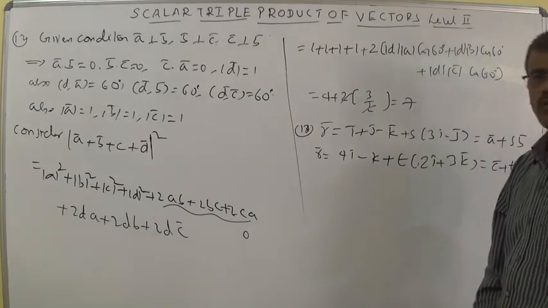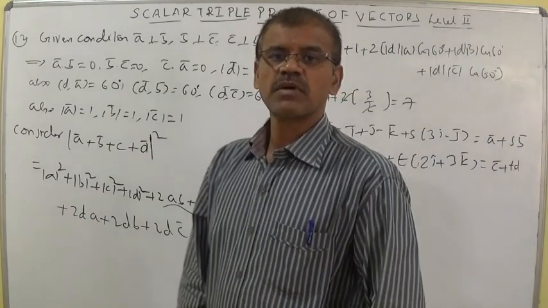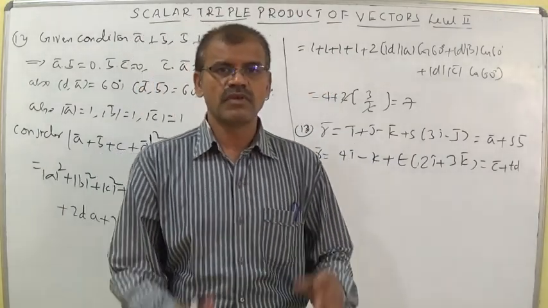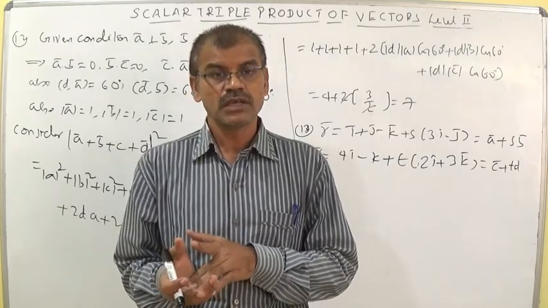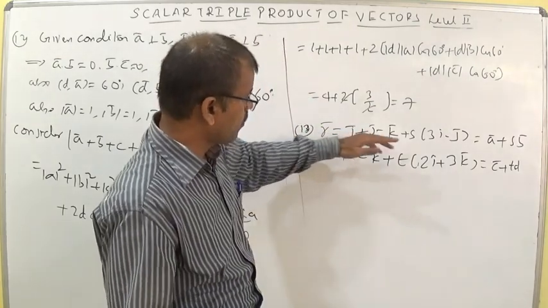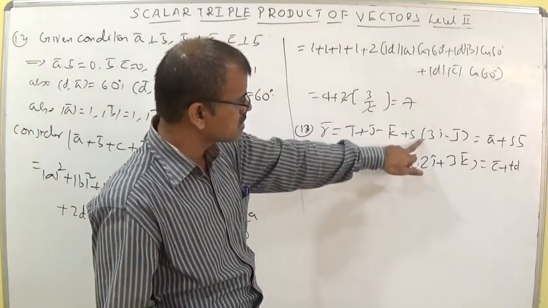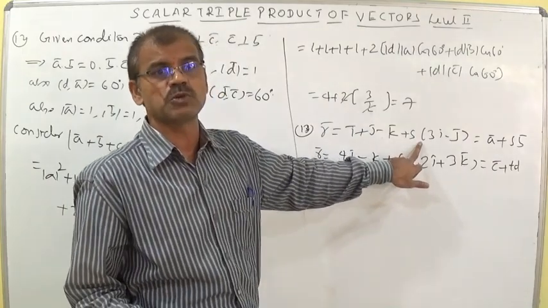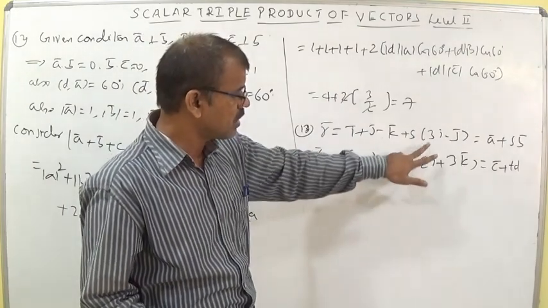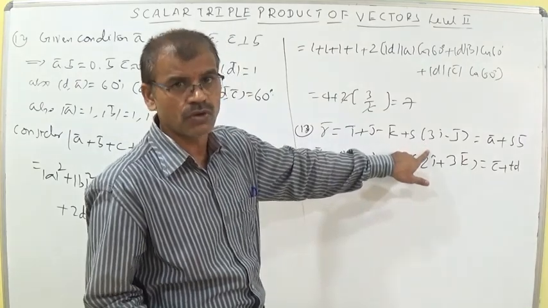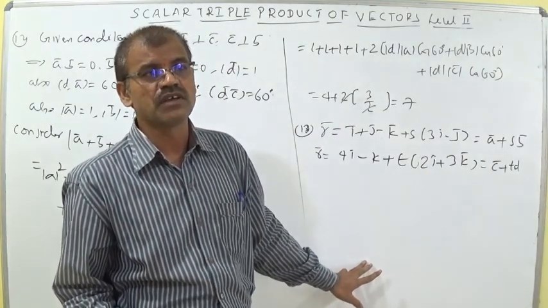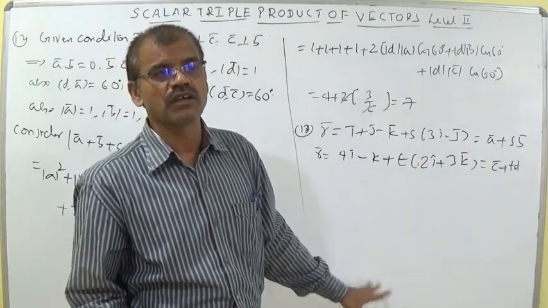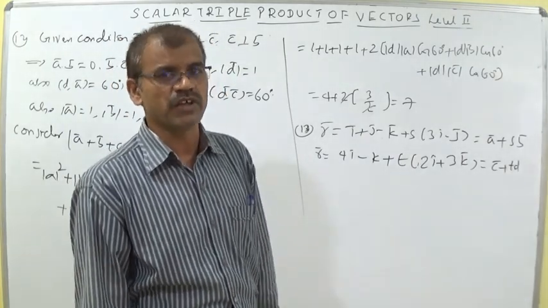Let us discuss the formulas. If the box product of A minus C, B, D is 0, the two lines are said to intersect. If the direction ratios are in the same proportion, they are said to be parallel. If the dot product of the direction vectors is 0, they are said to be perpendicular. If the box product of A minus C, B, D is not equal to 0, they are said to be skew lines.